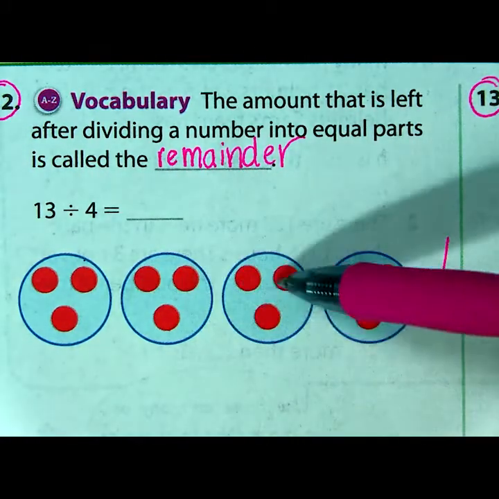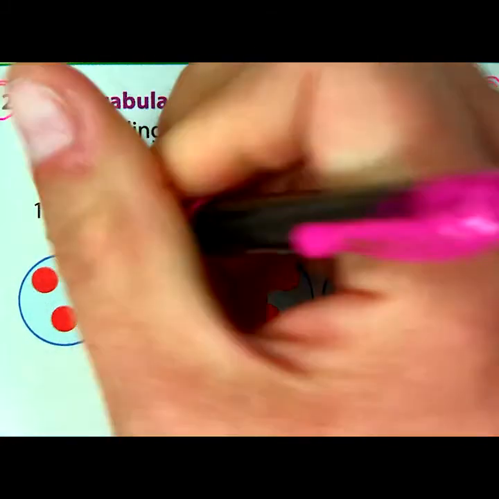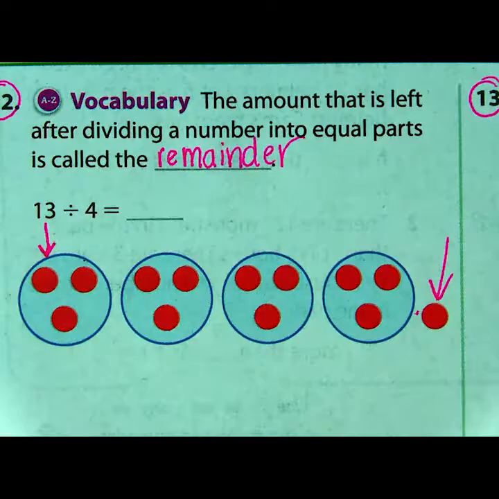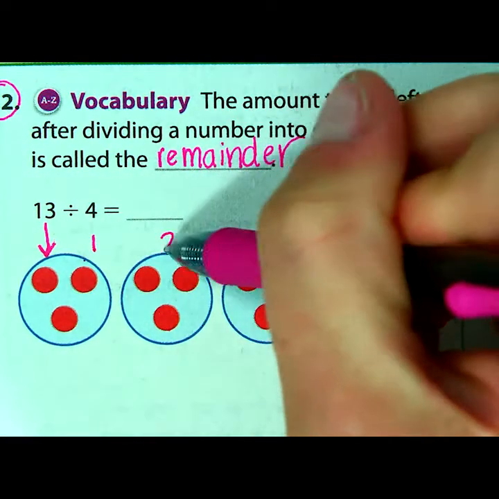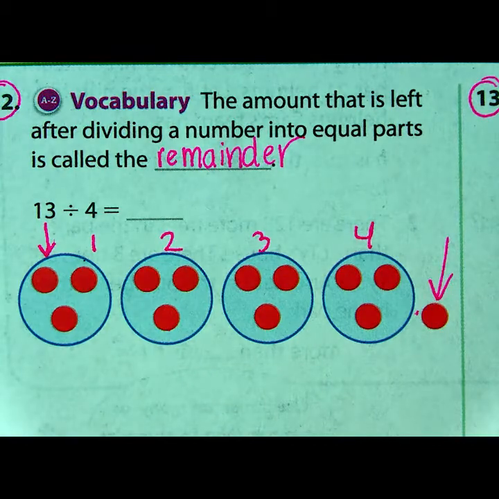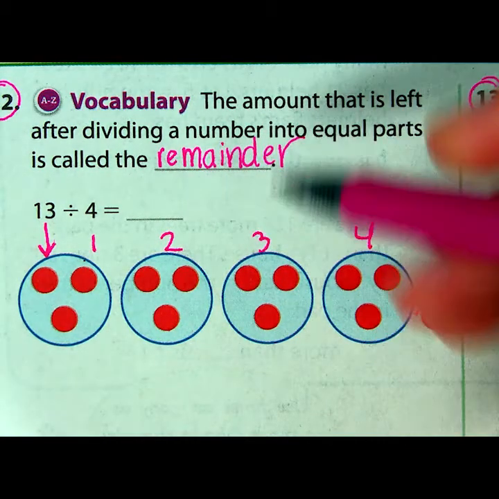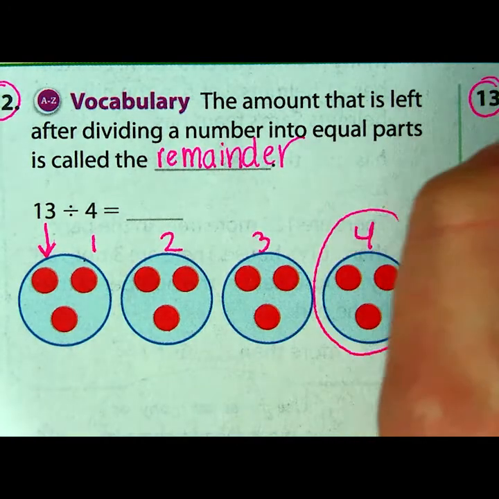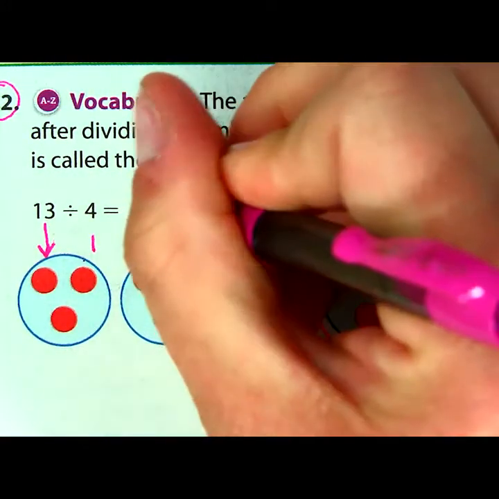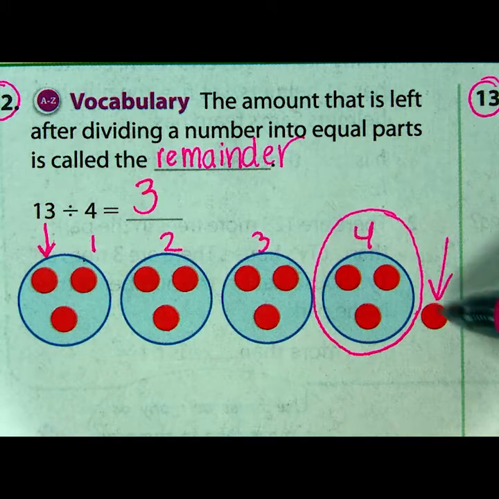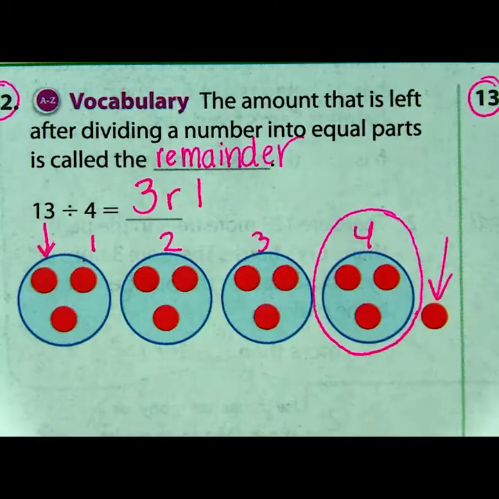That's the counters. And then 4 would be 1, 2, 3, 4 equal groups they divided into. So the number that we need to look at, the quotient, would refer to how many are in a group, 3, and then are there any remaining? Remainder 1. That's how you record your answer.